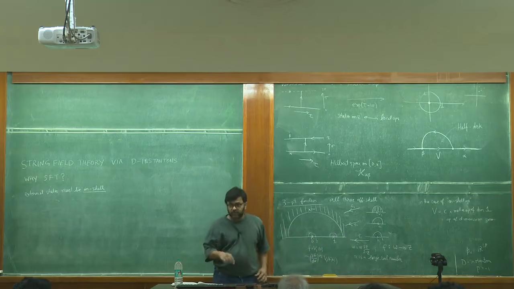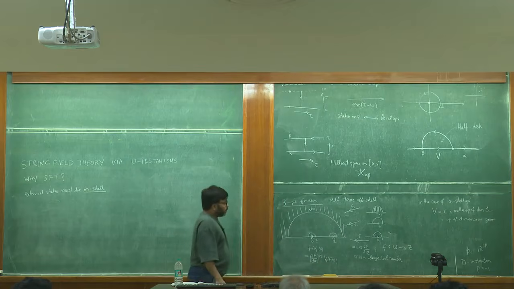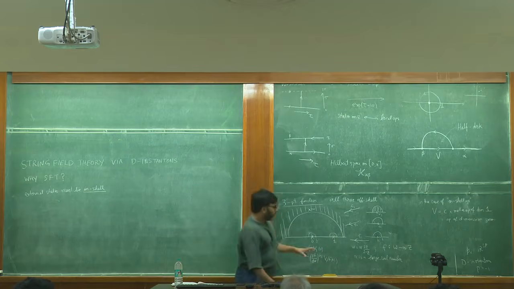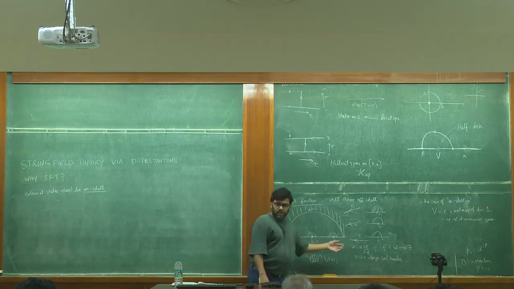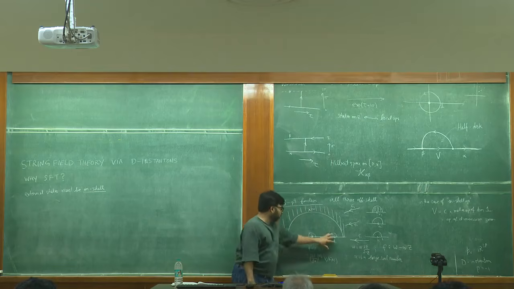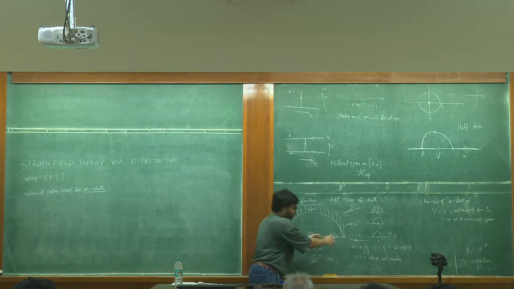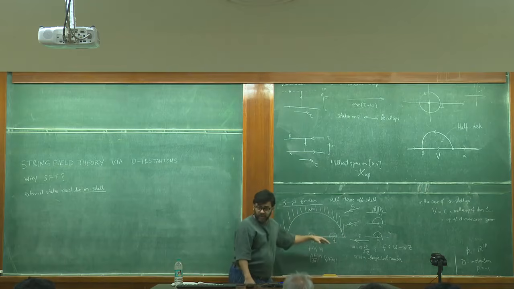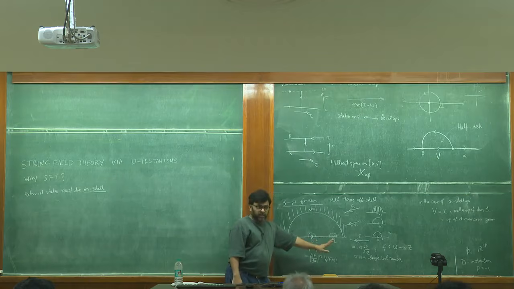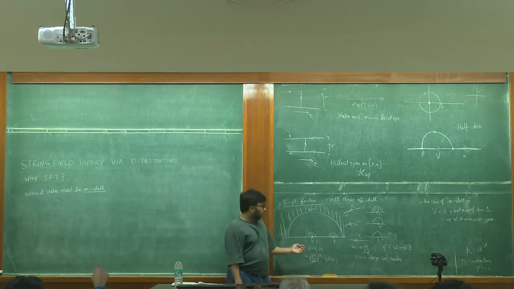Is this a regulator kind of thing, alpha? You don't have to pick it to be large, but you should make sure that these things don't overlap. You don't want this to be so big and this to be so big that they start overlapping. That is why I took it to be big, but that's the only thing.